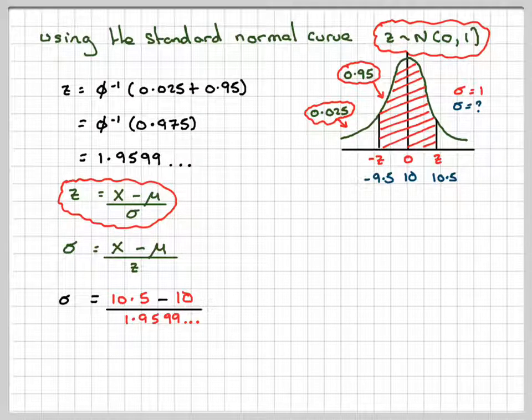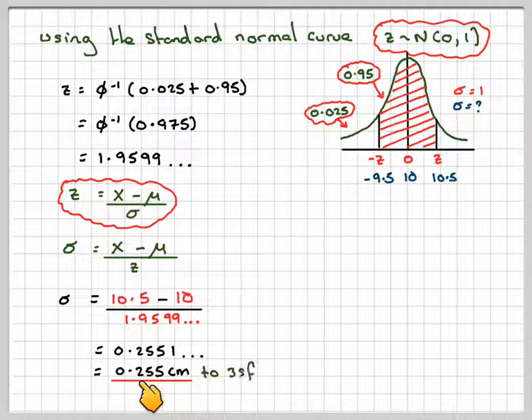Working that out on my calculator, using the fraction button, you get 0.2551. So our new standard deviation will have to be 0.255 centimetres to 3 significant figures.